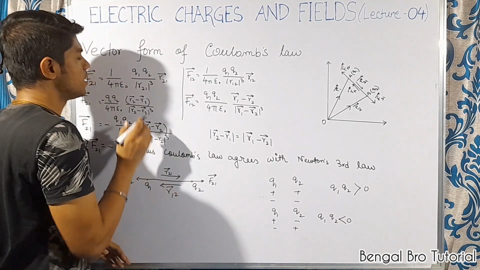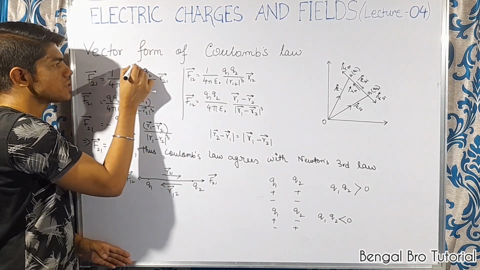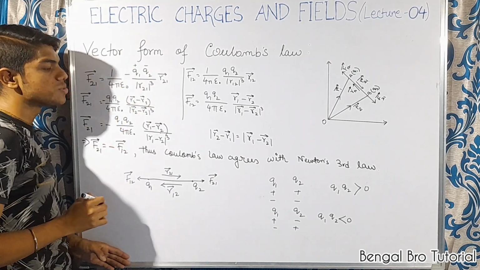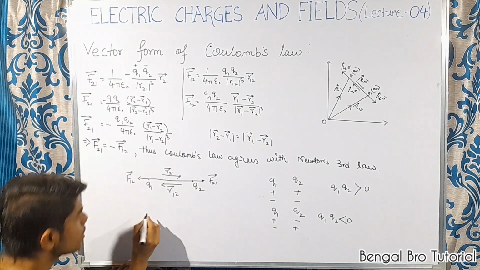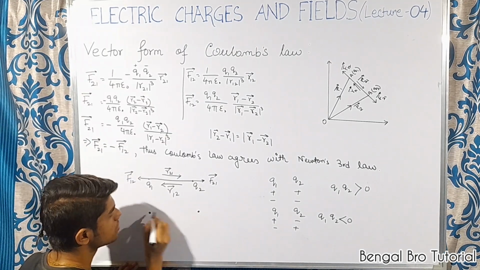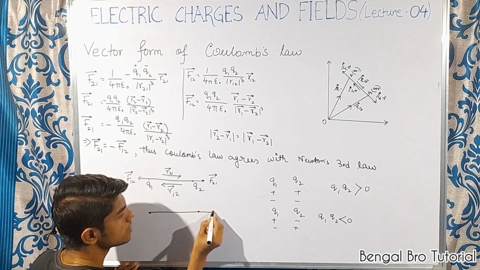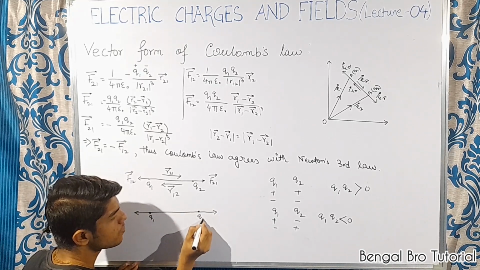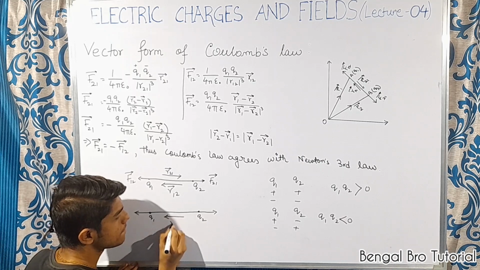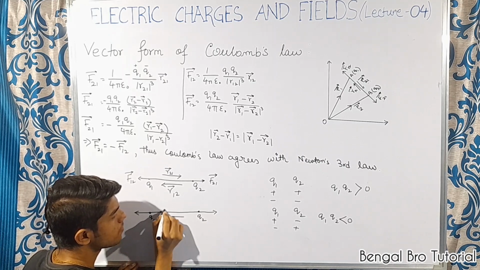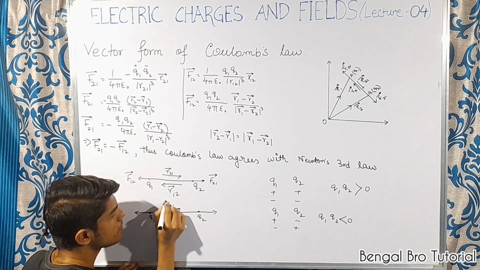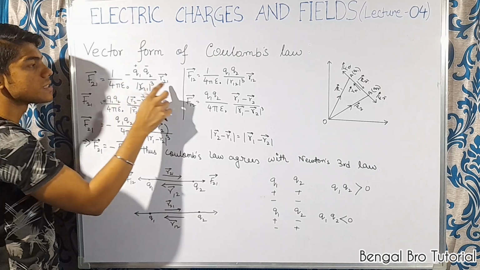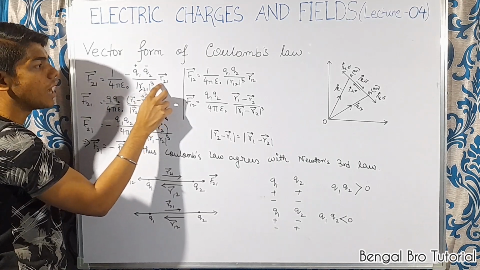Now see here that if q1 is positive and q2 is negative, then we will have a minus sign here, which means that the direction of F21 is opposite to the direction of R21.